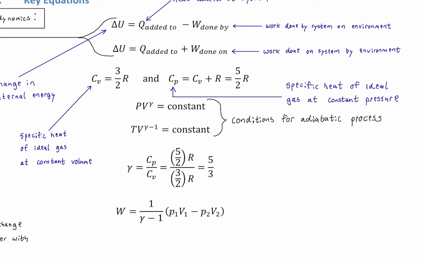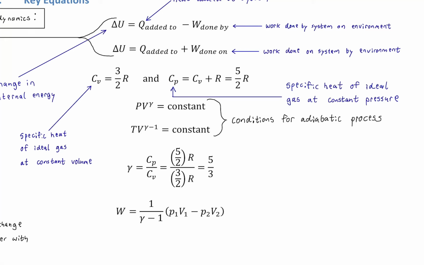It's the only other common process that's a curve. So the two that are curved are isothermal and adiabatic, and adiabatic is the steeper one. The math behind it is that the product of pressure and volume to a certain power is always a constant.